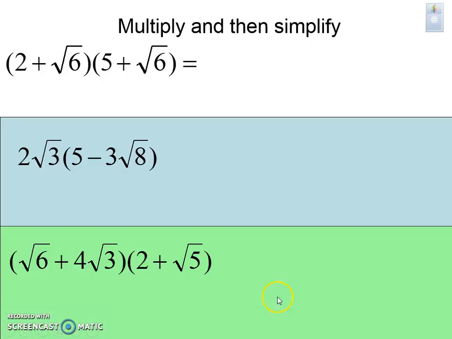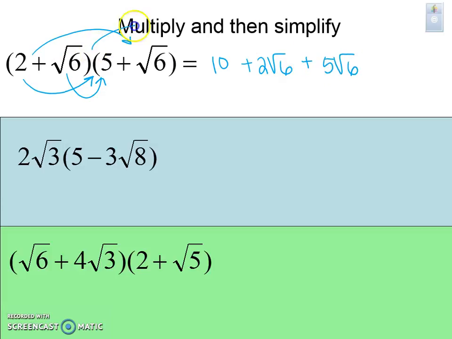Our last set of examples here show us a couple of different types of multiplication. We are distributing or we are foiling because there's multiple things for us to distribute. So we're going to multiply here. First terms, we have 2 times 5, which is 10. Our outside terms, which are 2 and the square root of 6. Our inside terms, which are 5 and the square root of 6.